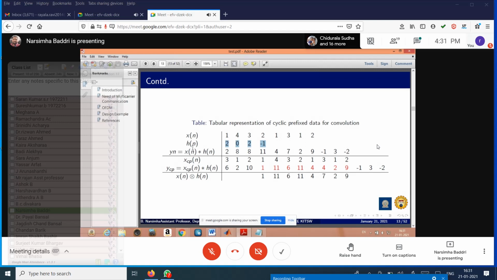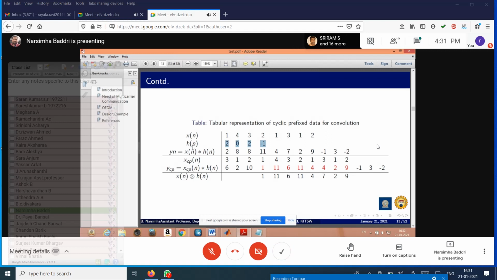In the previous case, if it is not circular convolution, it is simply linear convolution, and there will be a contribution of all the coefficients to each and every symbol. But here, each and every output sample will be affected by only the filter and input data at that instant.